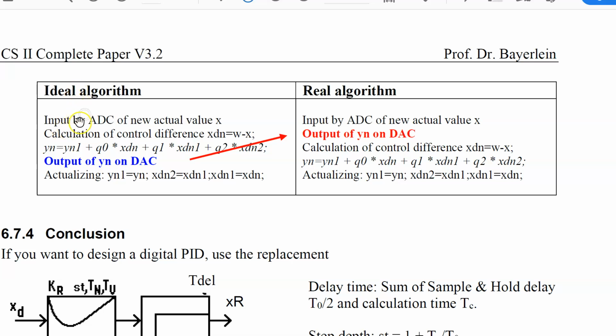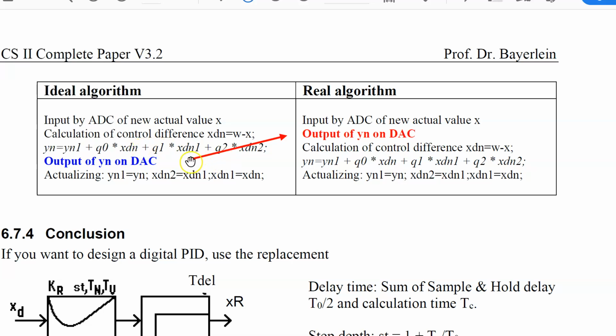The ideal algorithm: the output of the calculated y of n comes at once after calculation to the DAC. So I have a delay in my control algorithm from ADC over calculation time to DAC, just hardware dependent.